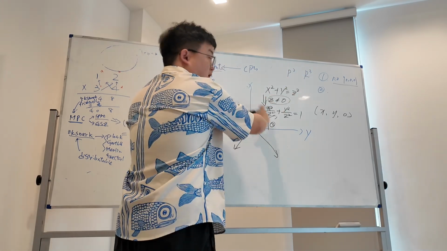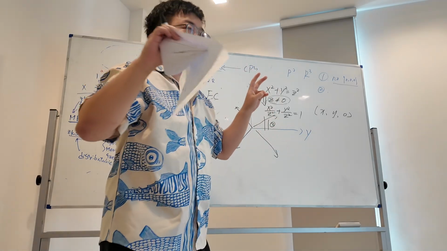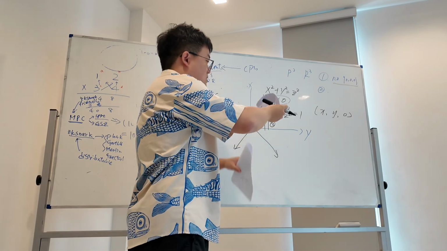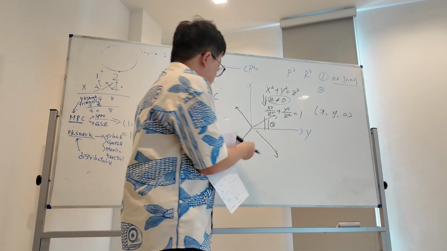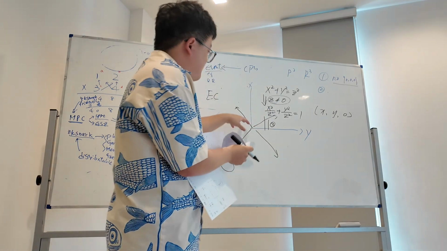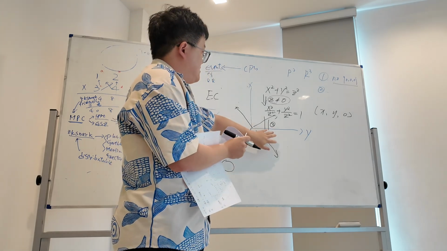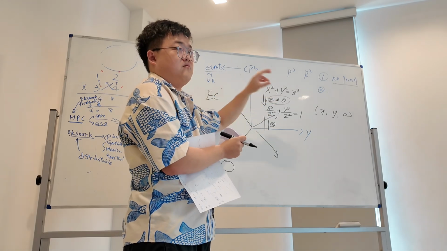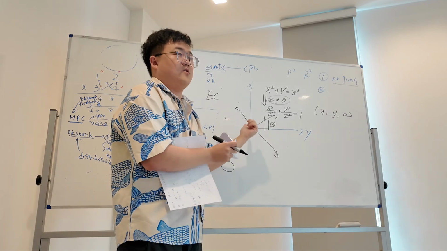So this plane is infinity to this shape. So we want to find if we have a solution, if this plane and this equation have a common solution, we can define it as the infinity point.